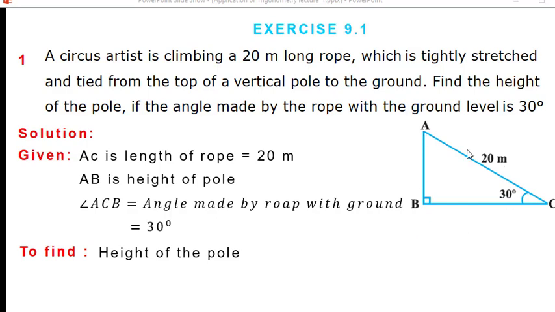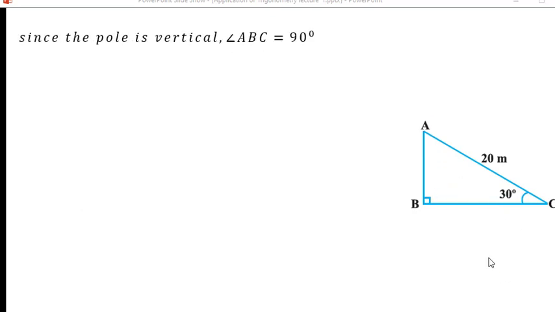Now in this diagram, pole is perpendicular to the ground. Therefore, we can use the trigonometric ratios. Now here, if you see the diagram carefully, if we use sine of 30 degree, then we can easily find the value of AB as value of AC is given. So problem is very simple. What you have to do?